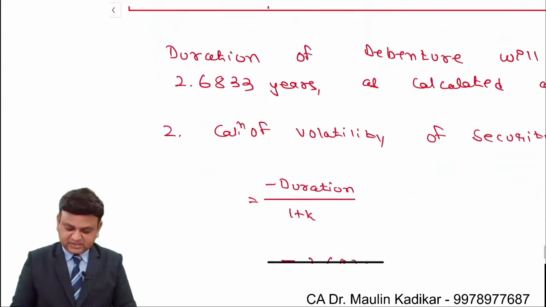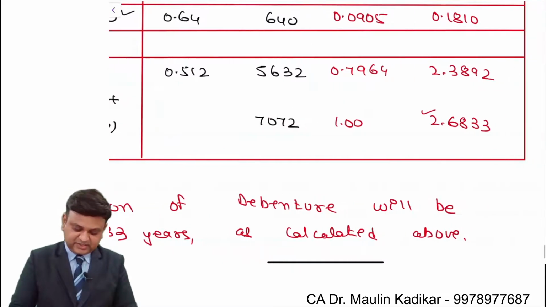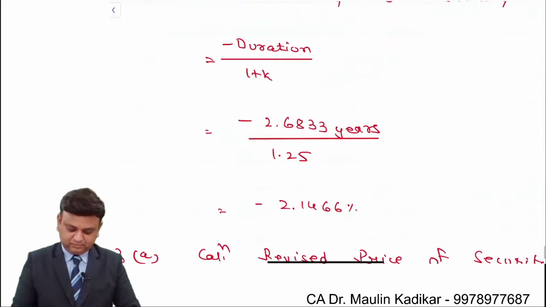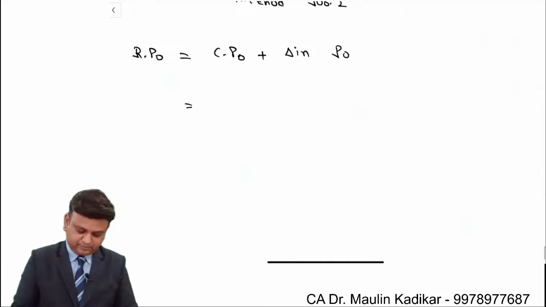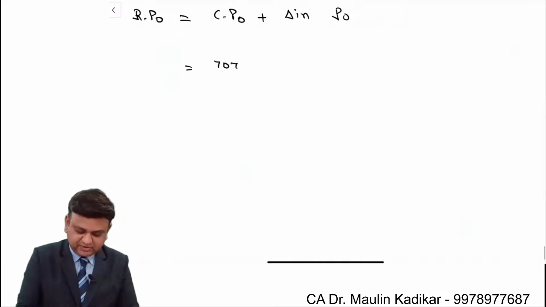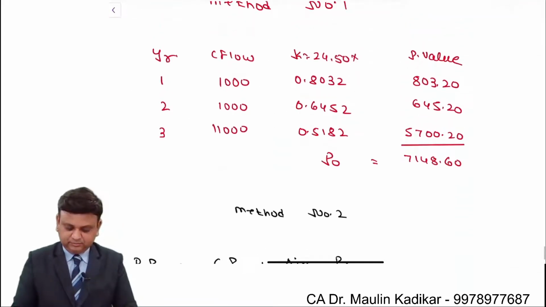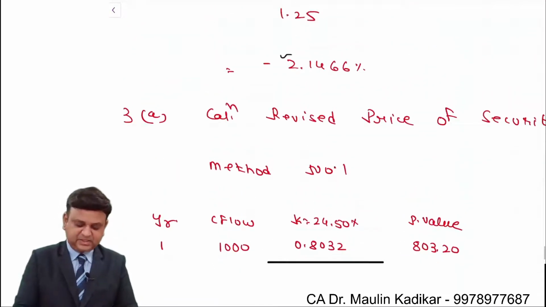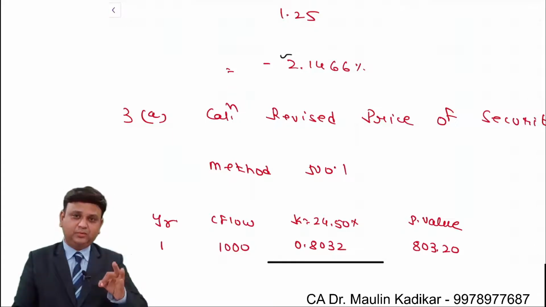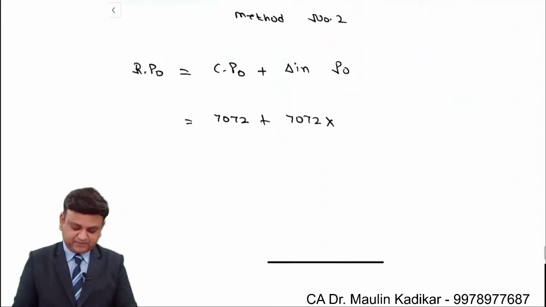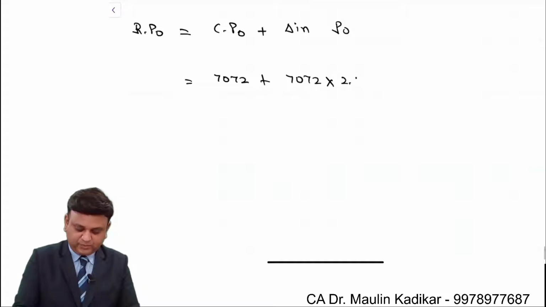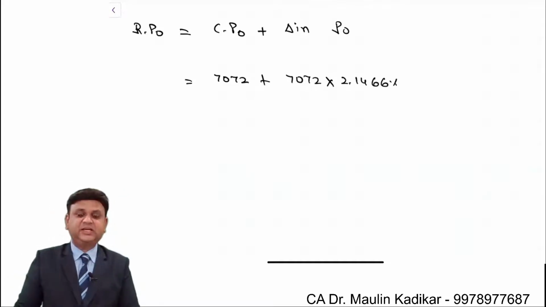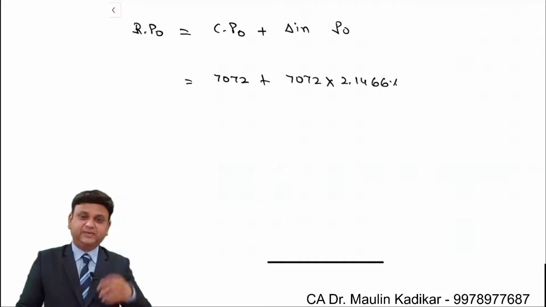The current price is 7072. So 7072 plus 7072 into the percentage change in P0, which is 2.1466 percentage. This is the increase in the P0 for every 1% reduction in the cost of capital.